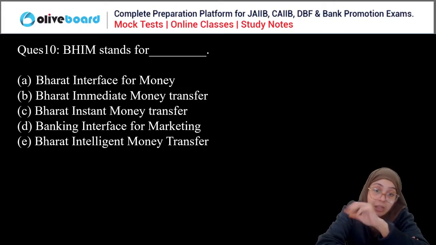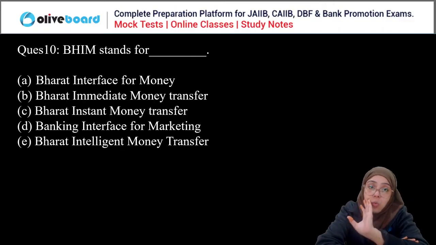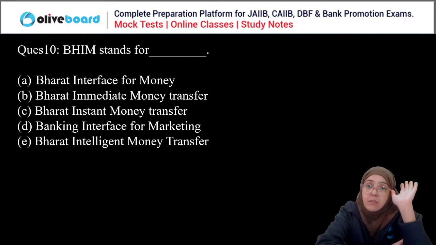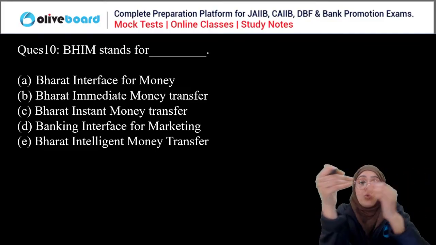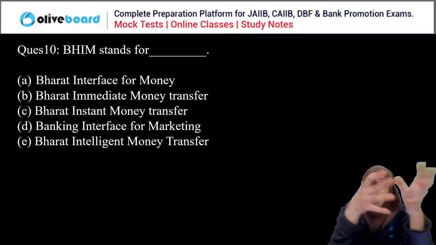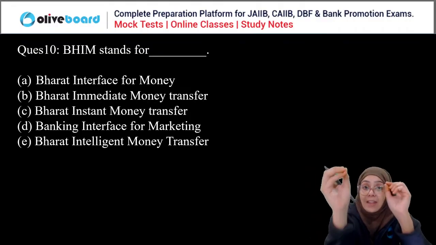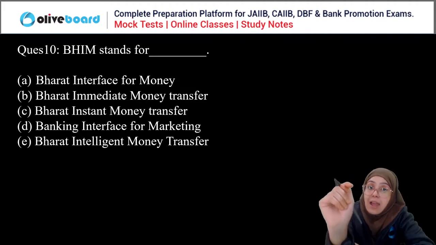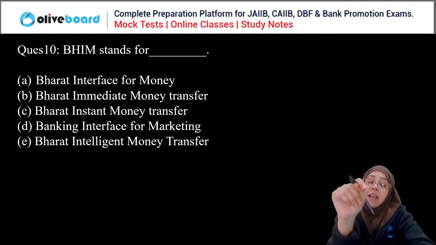Yes, BHIM is Bharat Interface for Money. True. It is an application that makes payment easier, simpler, and quicker, right? Now, when you have attached any bank account to this BHIM application, the maximum amount allowed per transaction is 1 lakh, and per day the maximum value is 1 lakh, right?